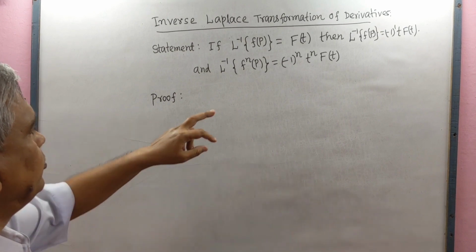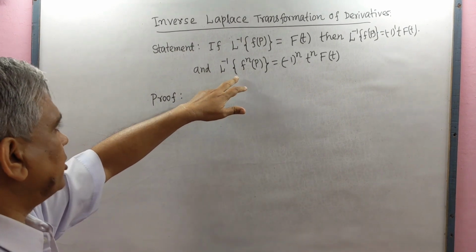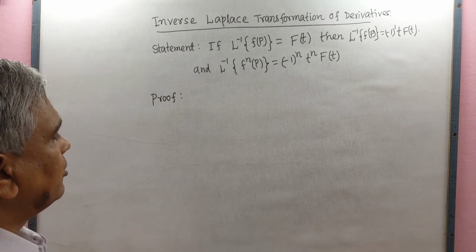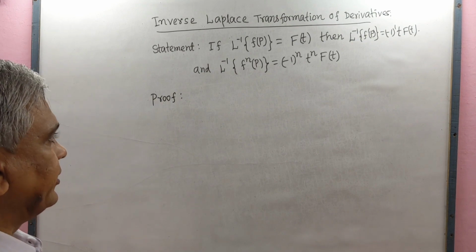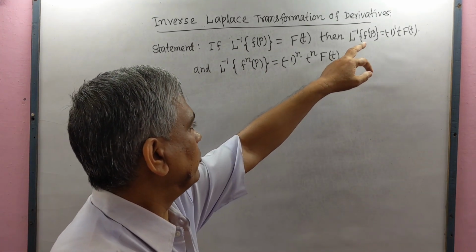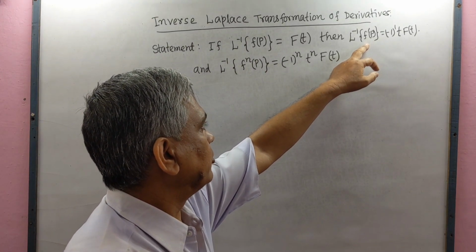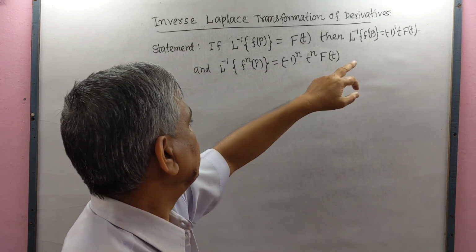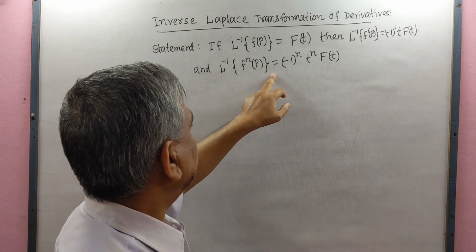Now we shall prove the theorem for nth order derivative. We shall prove this by method of induction. Since for first order derivative we have got this result, so it fits in this general formula.